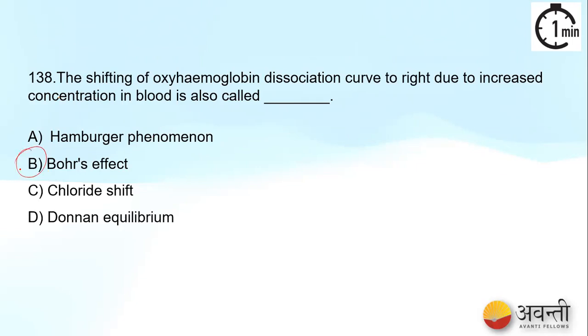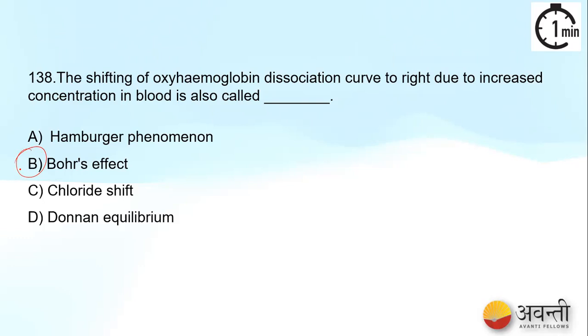In Bohr's effect, the affinity of hemoglobin towards oxygen is lost, and the oxygen is released to the tissues. Where hemoglobin loses its affinity for oxygen, the oxyhemoglobin curve shifts towards the right.